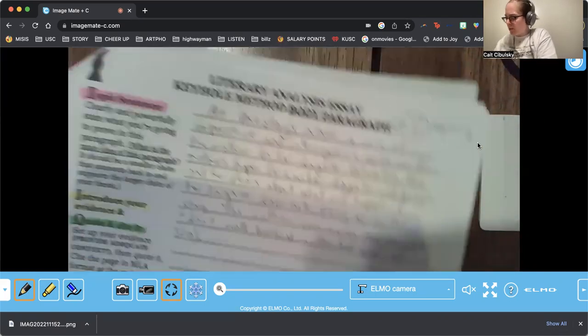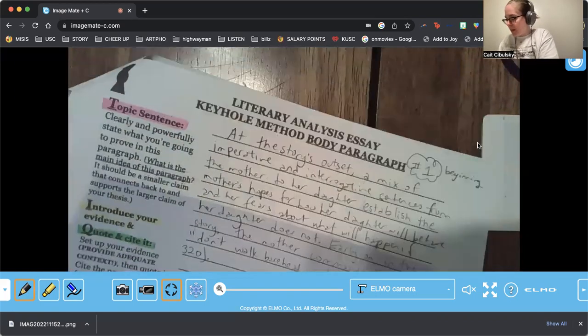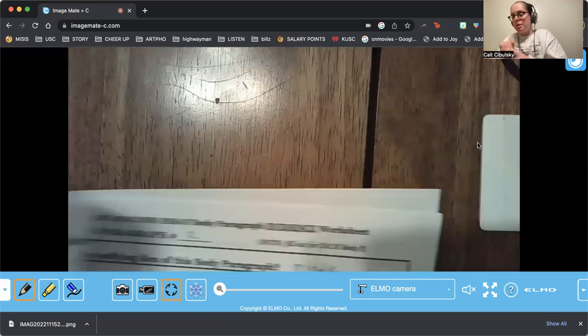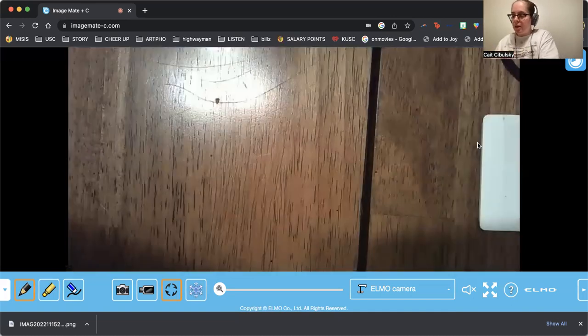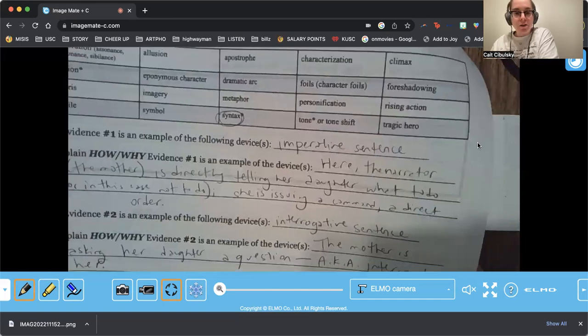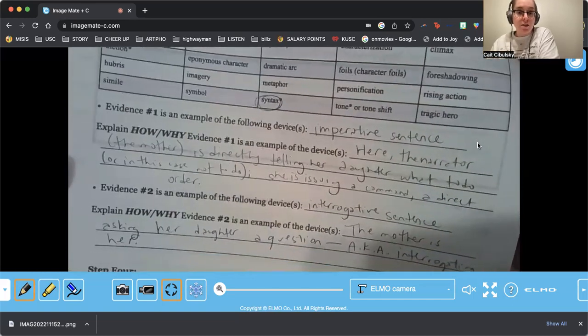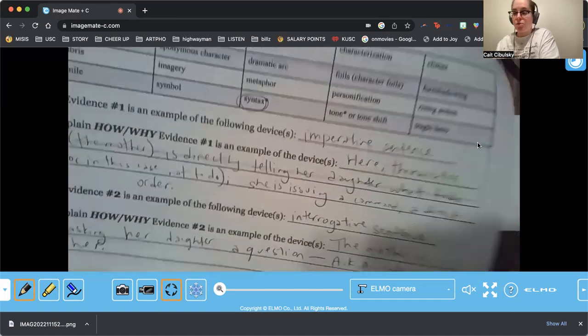Okay, let me look back to what I wrote on the back of my little evidence organizer to help me. I said, here the narrator, the mother, is directly telling her daughter what to do, or in this case, not to do. She's issuing a command, a direct order.